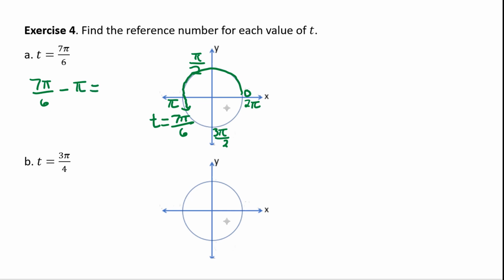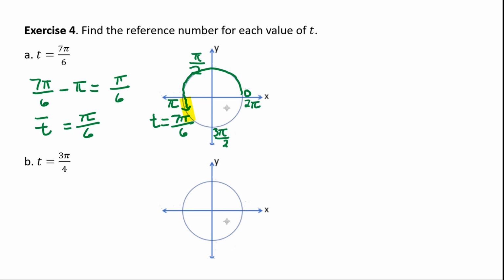And that will be 7 pi over 6 minus pi, which would be 1 pi divided by 6. So the reference number that corresponds to t equals 7 pi over 6 is pi divided by 6.